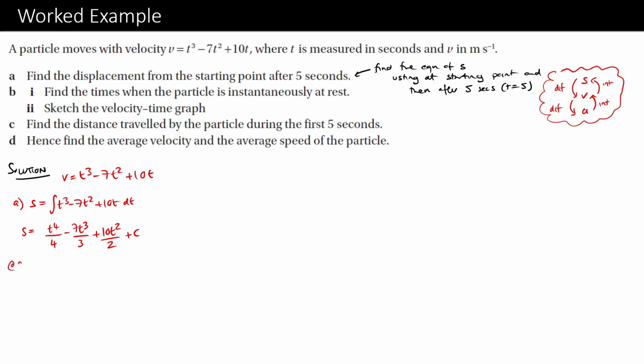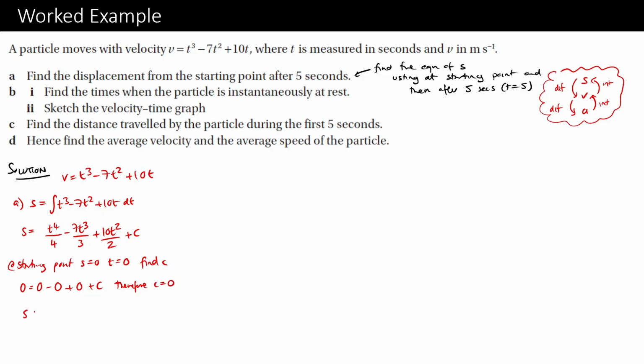Then at the starting point, s equals 0 and t equals 0. So I can work out what c is. 0 equals 0 minus 0 plus 0 plus c, so therefore c equals 0.